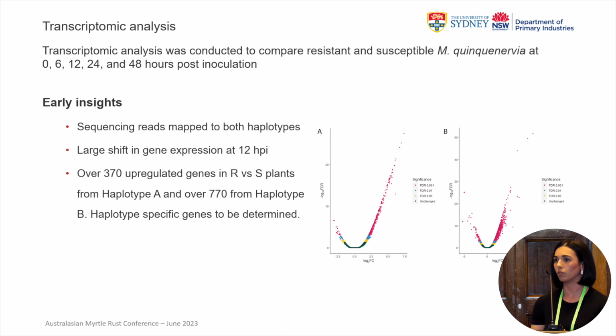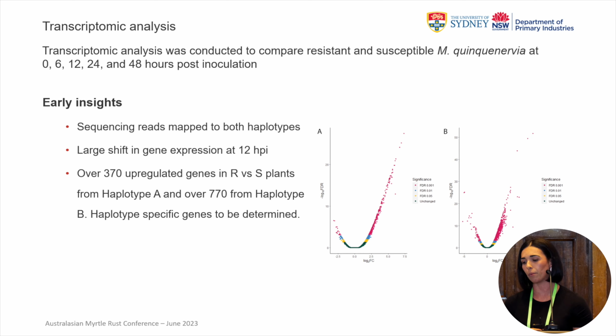So it's a little bit different to what we might have heard today, and this is looking at the host gene expression. But I found that there were about 370 upregulated genes in the resistant versus the susceptible plants from haplotype A, and there were 770 from haplotype B. So between those two haplotypes, there's actually quite a large difference, but I'm still in the stages of determining which ones of those are haplotype specific.